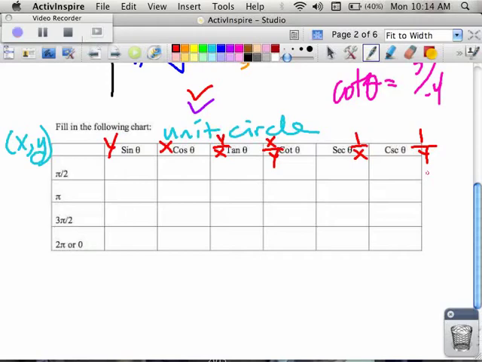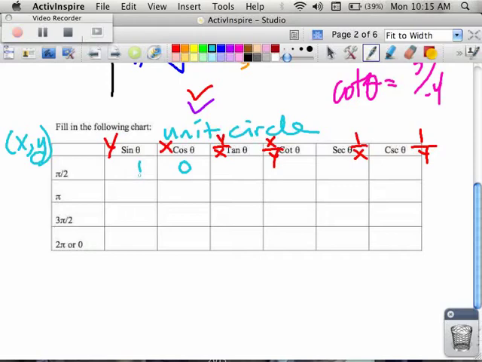So now as I'm doing this, maybe we'll fill out this chart. Grab your unit circles. Look at pi over 2. Pi over 2 is the same as blank degrees. 90. So at 90 degrees, the coordinates are 0 and 1. I don't know why they didn't list the x first and the y second. That seems ridiculous to me, but whatever.